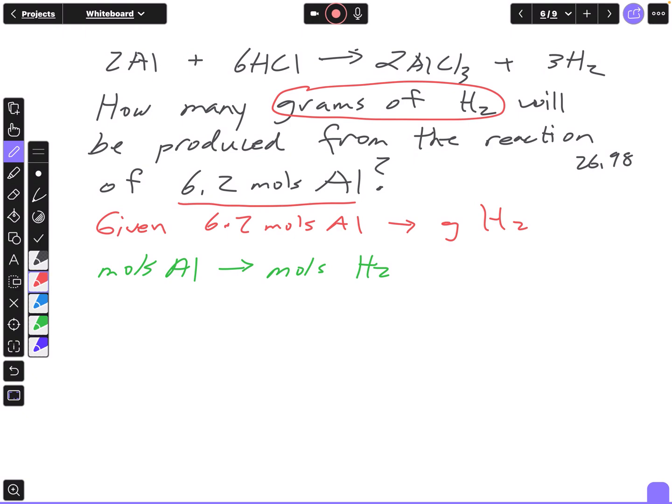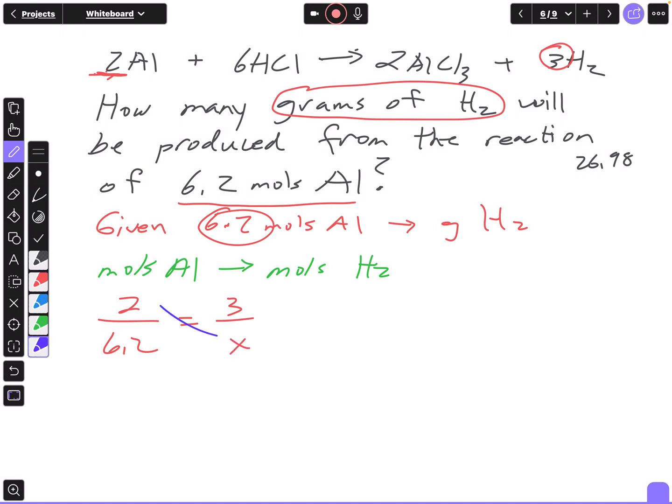All right, so I have 6.2 moles of aluminum, but I look at the coefficient in front of aluminum, which is a 2. So I put a 2 over how many moles I actually have, which is 6.2, equals, and then I'm going to H2. So I look at the coefficient for H2, which is a 3. That'll be 3 over what I'm looking for, which is X.